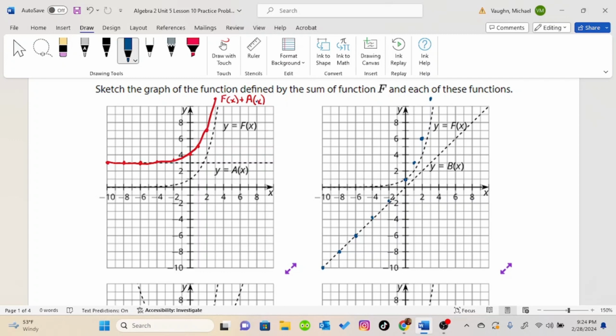And now we can draw the line that connects these. And this would be f of x plus b of x. You're just going to each value of x and adding the values of y together.